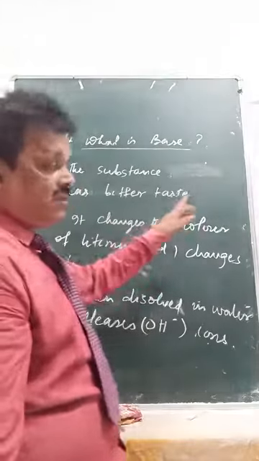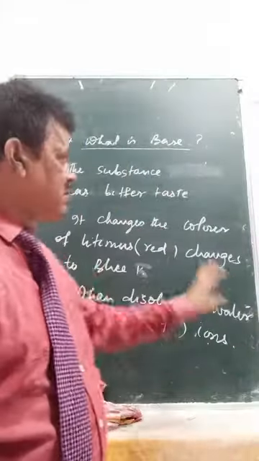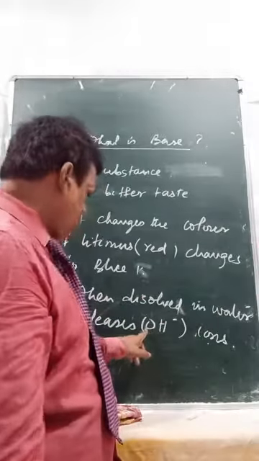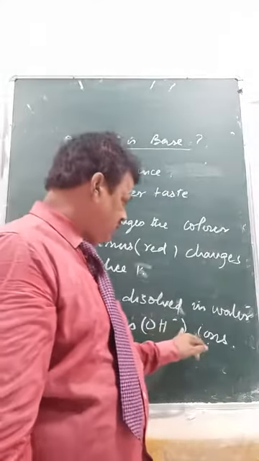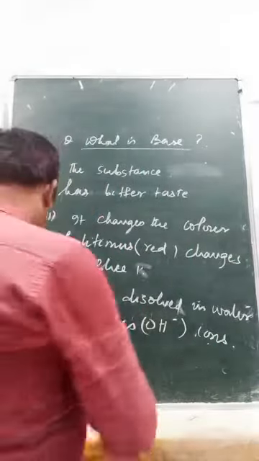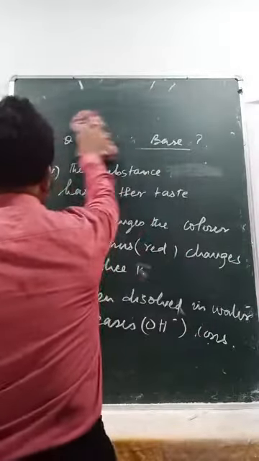So acid dissolved in water gives you H plus ion. Bases dissolved in water give hydroxide ion. That is negative ion. That is positive ion. Okay. Then comes up which are the examples of this.